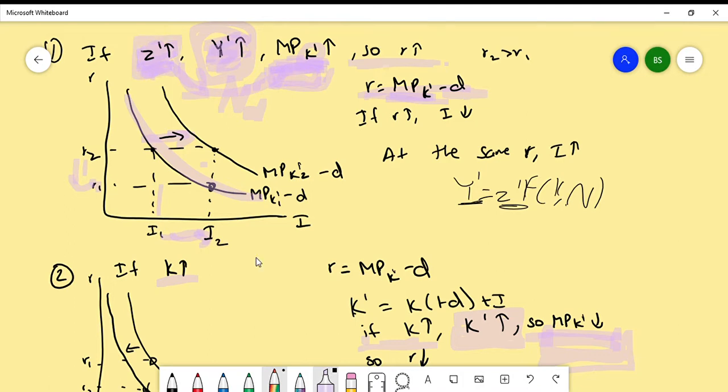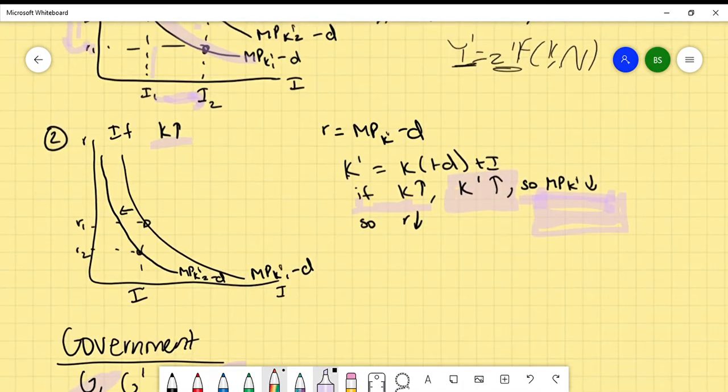Because of this increase, everybody's more productive, so I'm going to get more K and more people. And since K increases, the future marginal product of capital increases. So because of that, R increases, and R equals MPK minus D. So it all increases and shifts to the right. Cool. Great. Hate that it's so laggy.